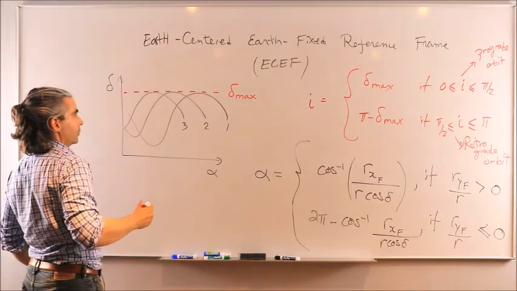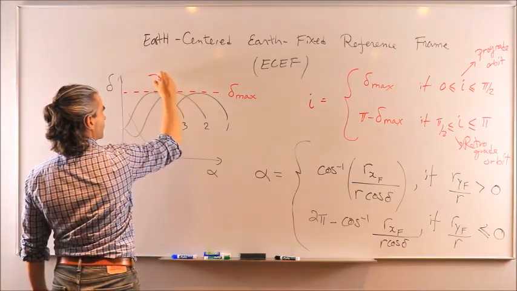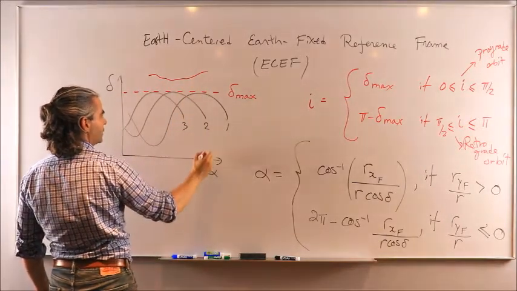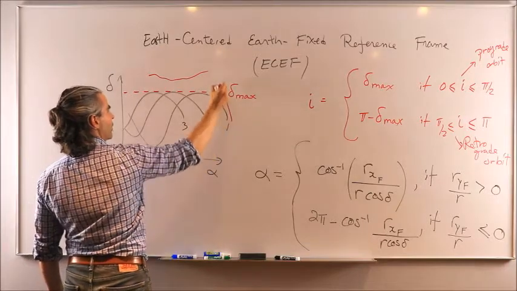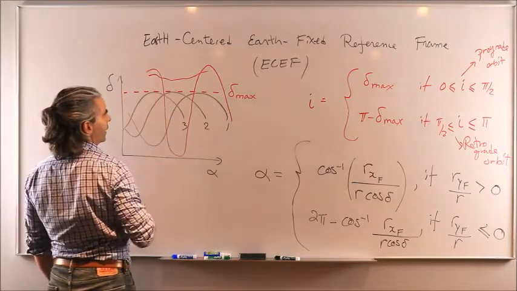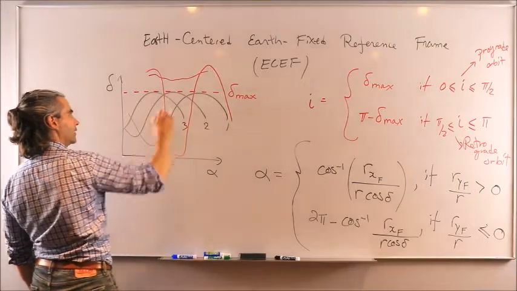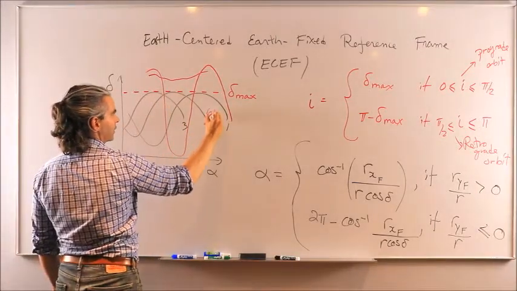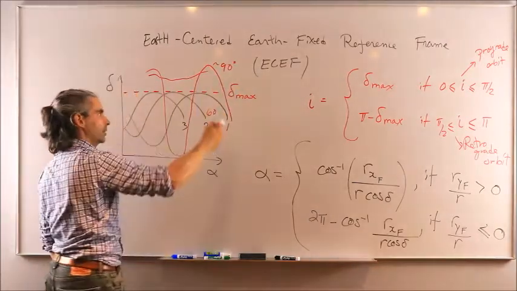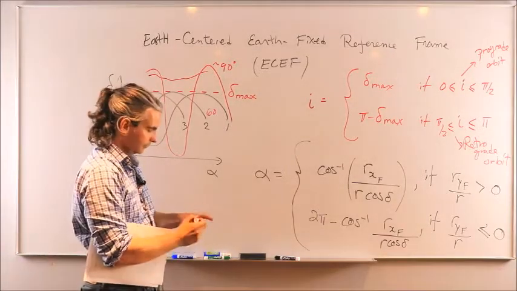Because if you would like to go over the North Pole of the Earth, then you would need an inclination that allows the orbit to reach a much higher latitude like that, and that would give you a polar orbit, much more inclined than this orbit, which would be, say, 60-degree inclination, whereas this one would be roughly 90 degrees inclination, so you can reach both poles throughout one orbit. Okay?